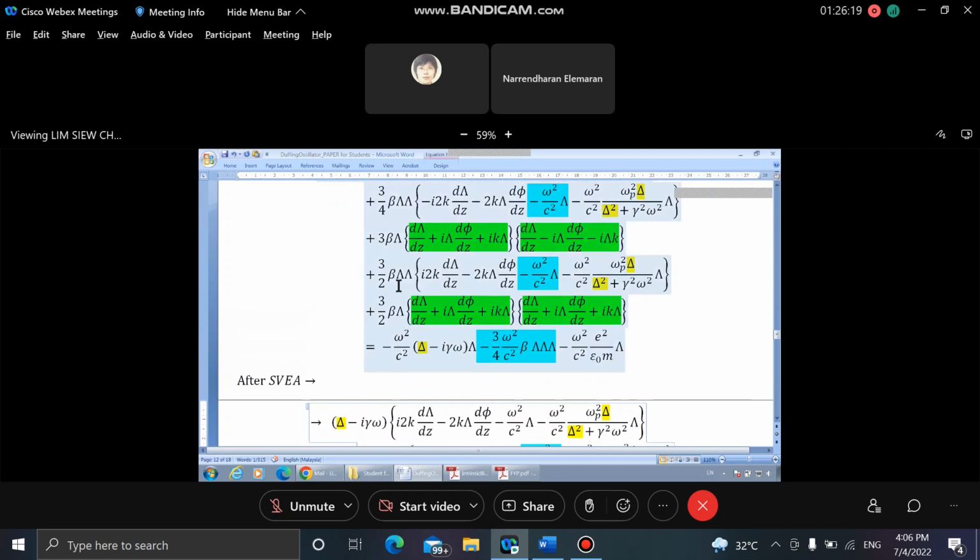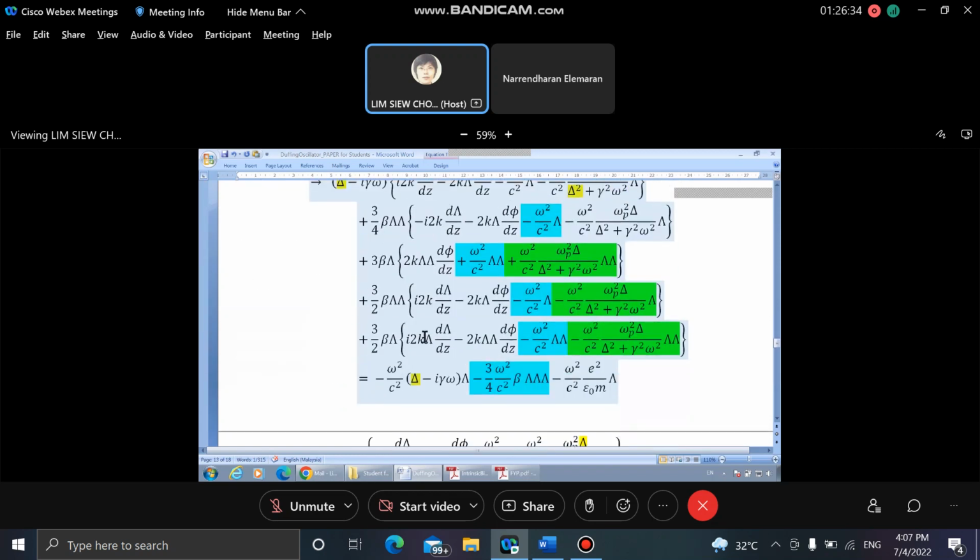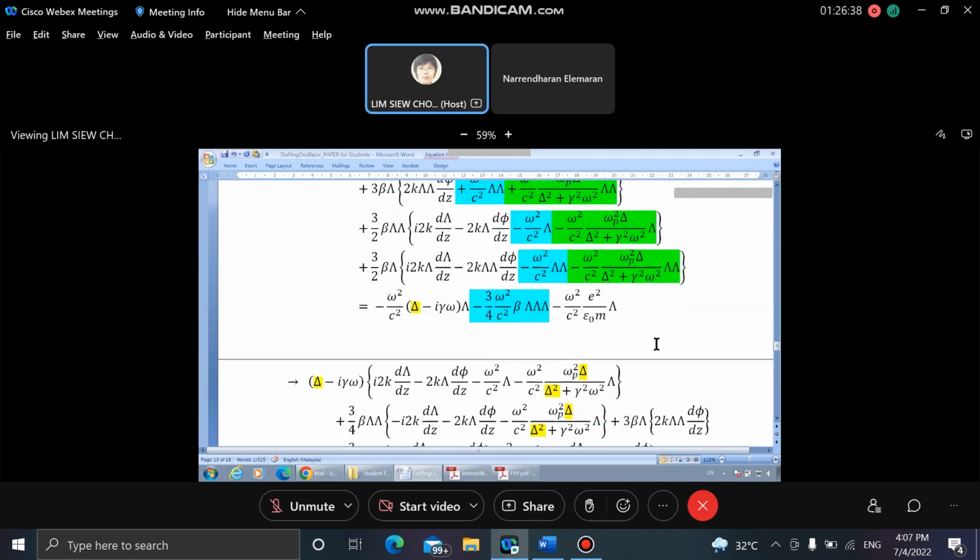And this one is the same, but this one I open the bracket also. They are different. Here you have positive, minus, but here is positive. Okay, so open the bracket, you have things like this. And after this, just simplify.